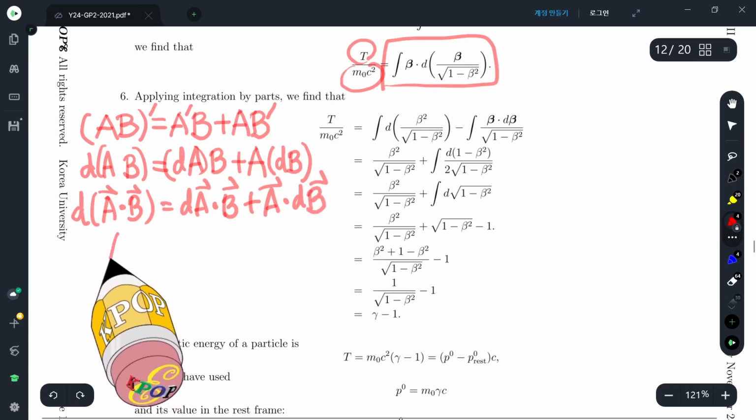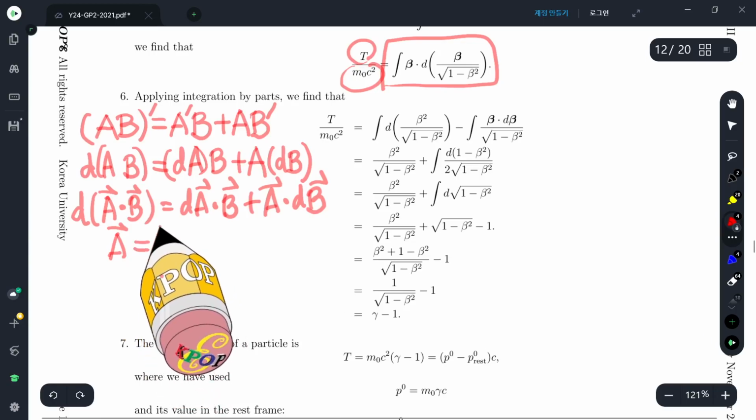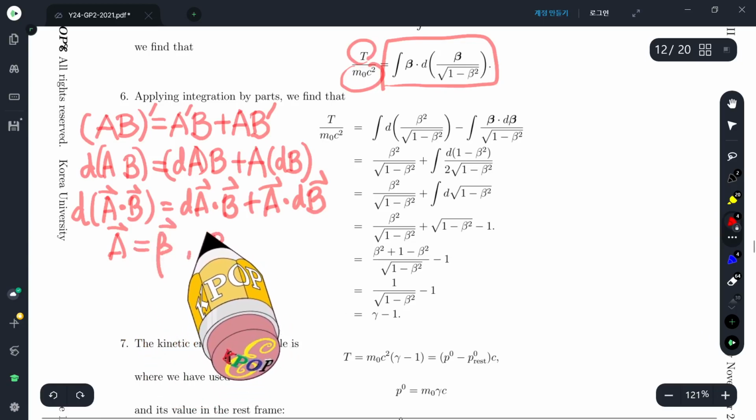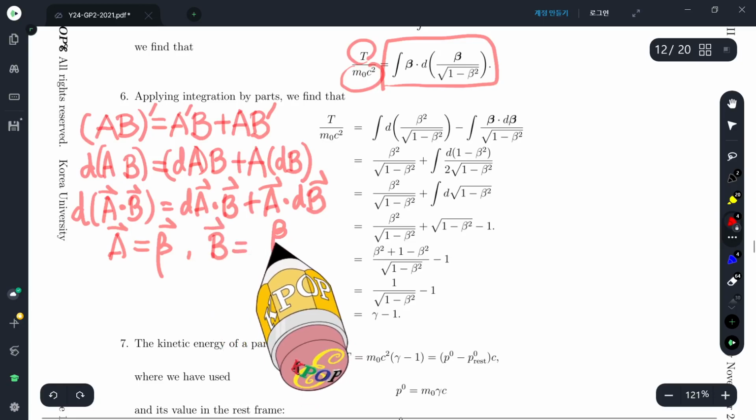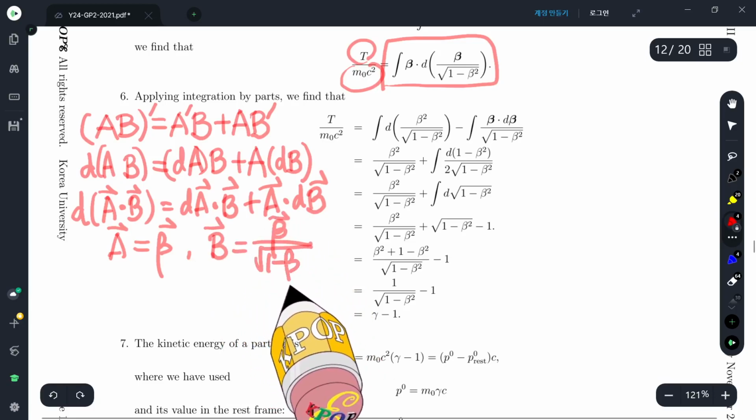We substitute a equals beta vector and b equals beta vector divided by the square root of 1 minus beta squared.